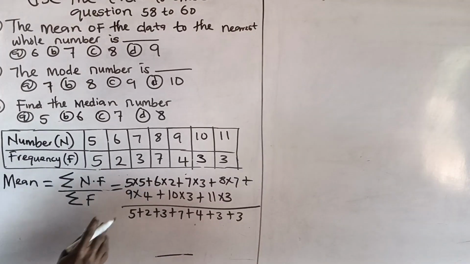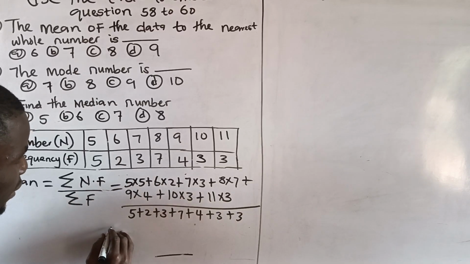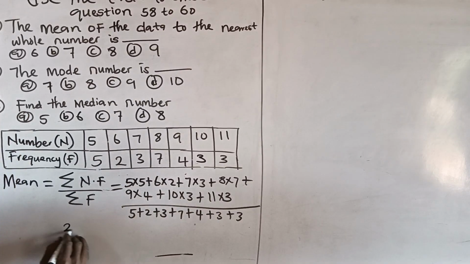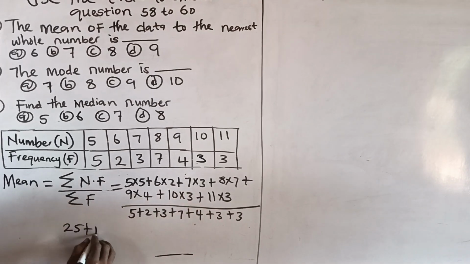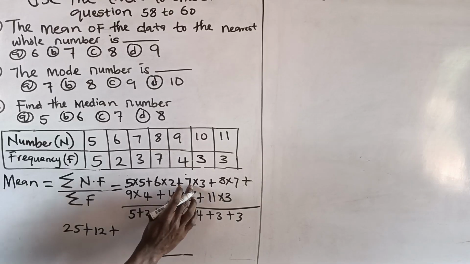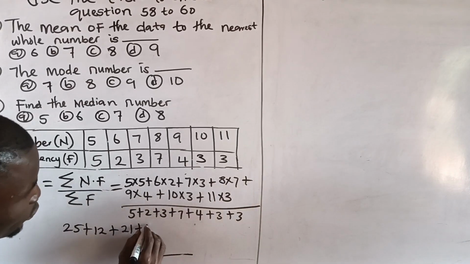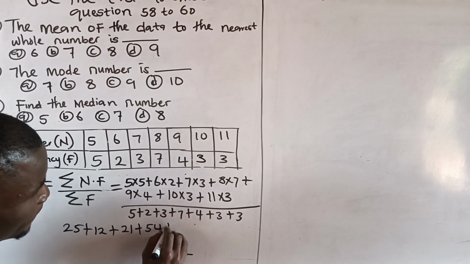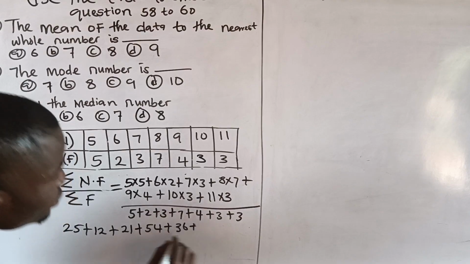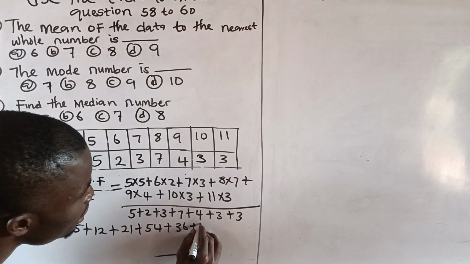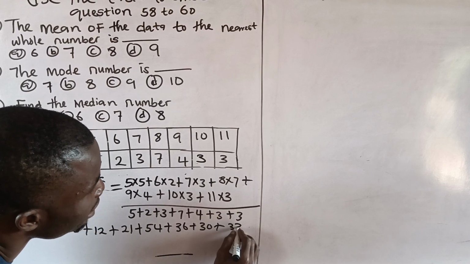So now let's multiply. We have 5 times 5, which is 25, plus 6 times 2 will give us 12, plus 7 times 3 will give us 21, plus 8 times 7 will give us 56, plus 9 times 4 will give us 36, plus 10 times 3 will give us 30, plus 11 times 3 will give us 33.